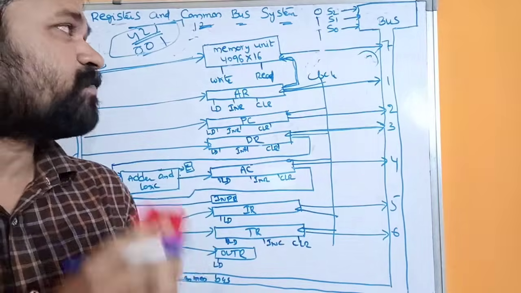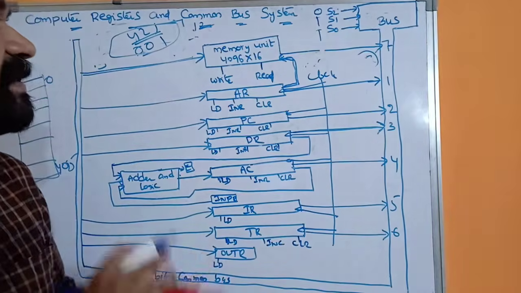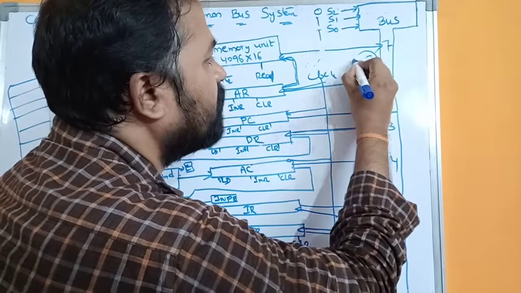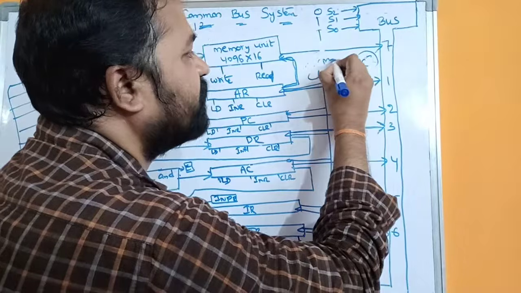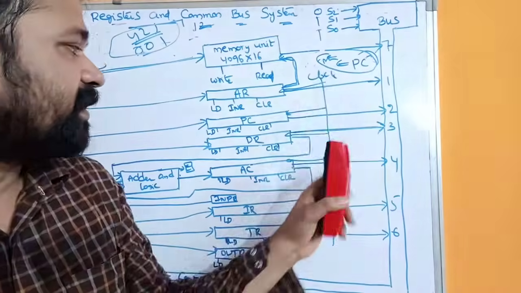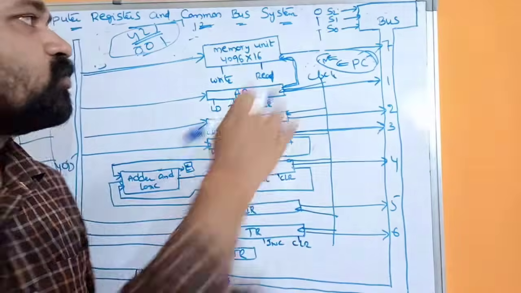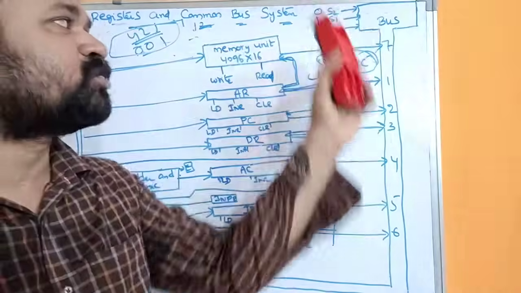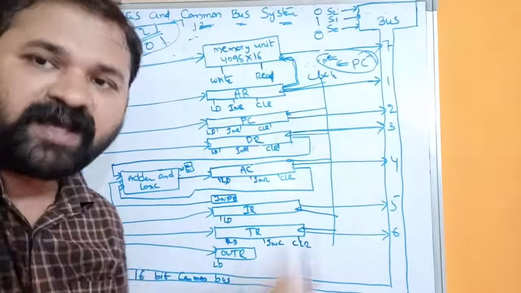Let us perform one more operation. Our target is to transfer some data from the program counter to memory. For the program counter, what is the label here? 2. So 2 means 0, 1, 0. First we have to enable the selection input 0, 1, 0, as well as apply a clock pulse.